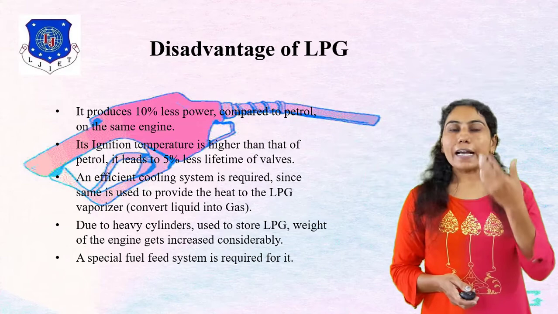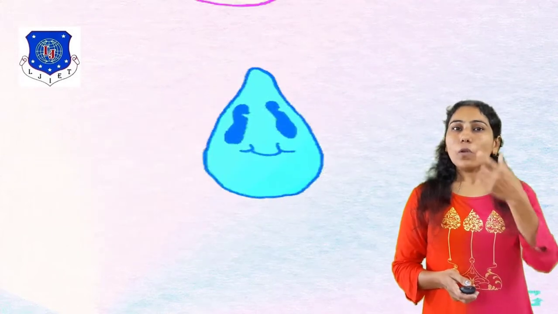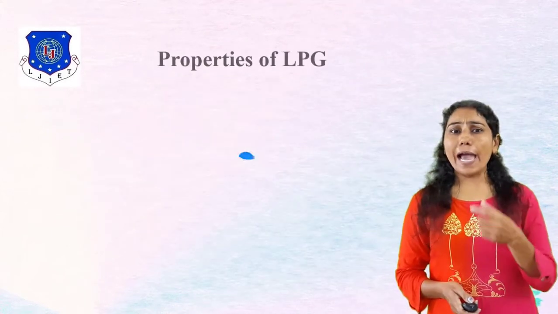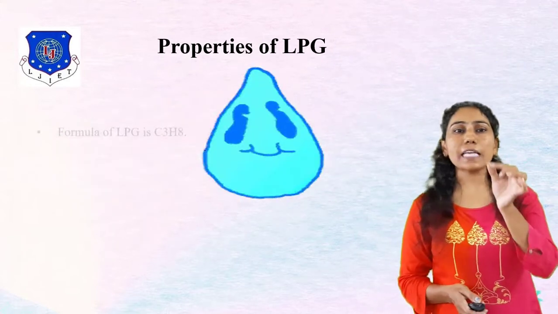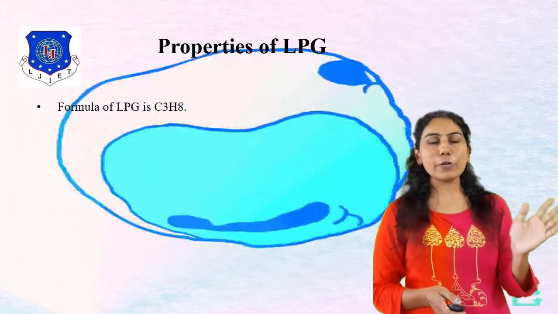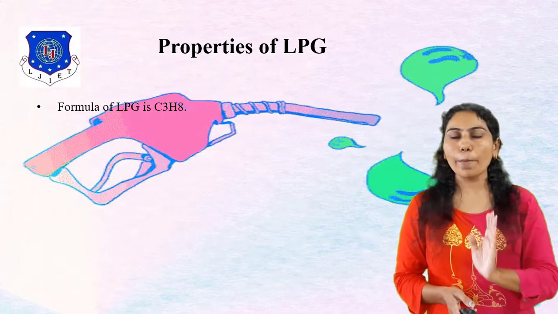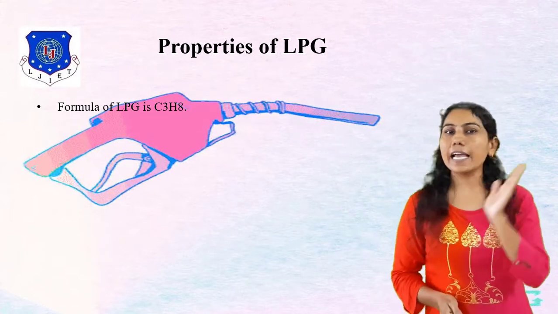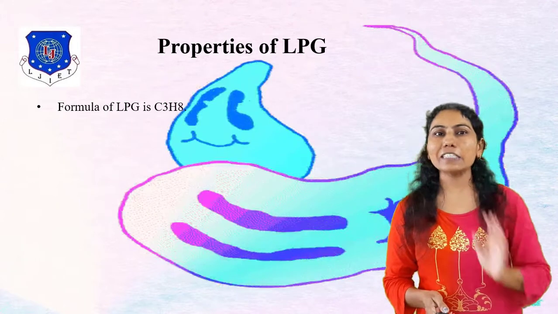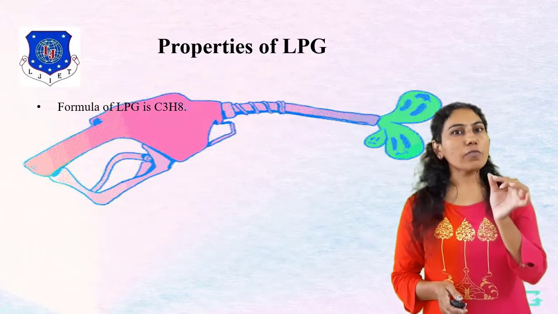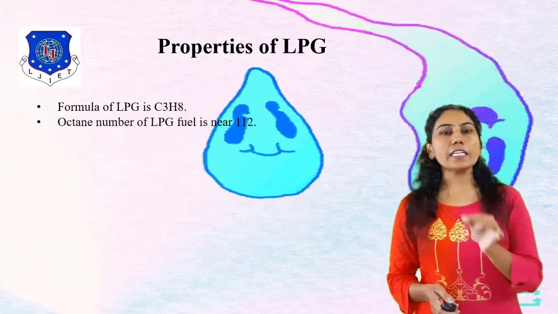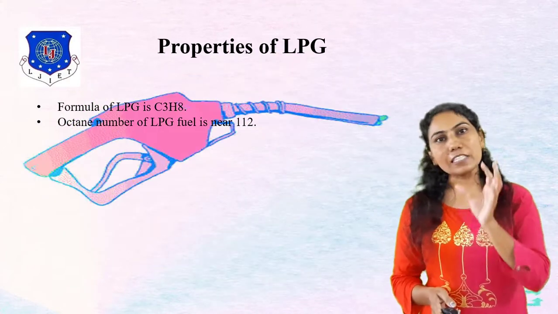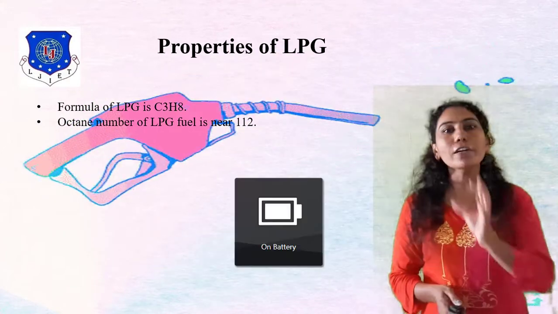The next topic is various properties of LPG. First is the chemical formula: the main parts of liquefied petroleum gas are propane, C3H8, and butane, C4H10. Second, the octane number of LPG as a fuel is about 112.